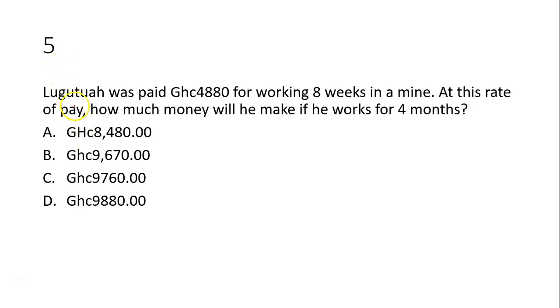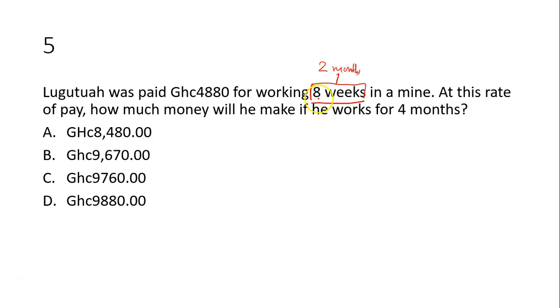Question 5 says, Lugutua was paid 4,880 for working 8 weeks in a mine. At this rate of pay, how much money will he make if he works for 4 months? Now, it's important to know that 8 weeks means 2 months, isn't it?